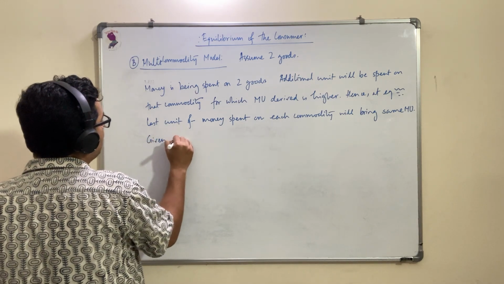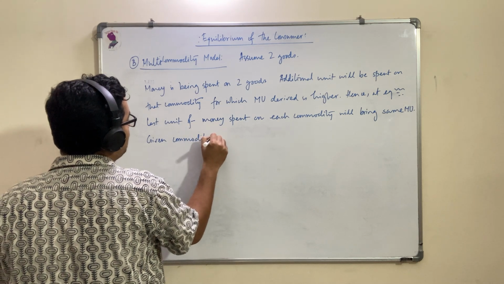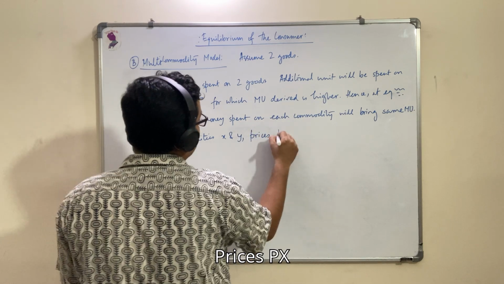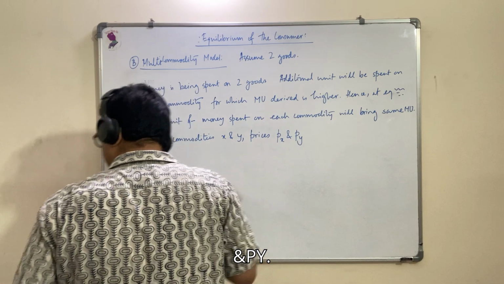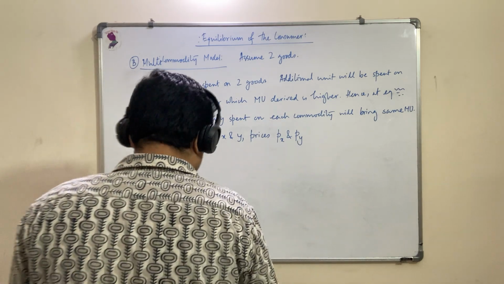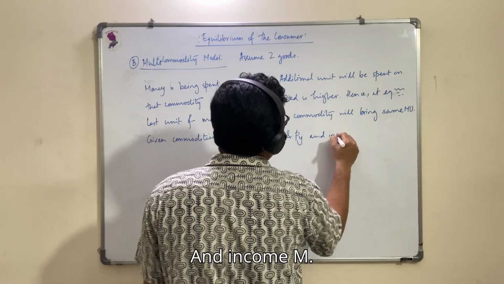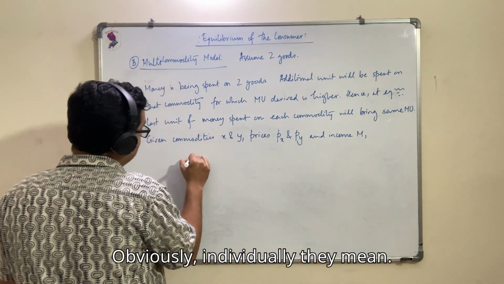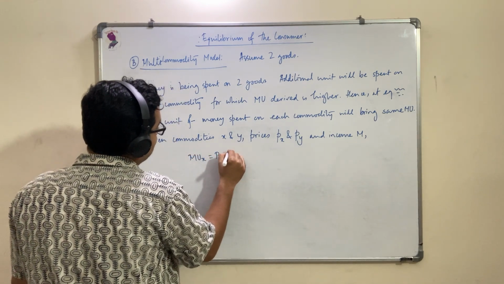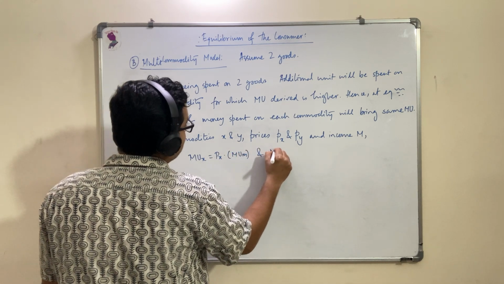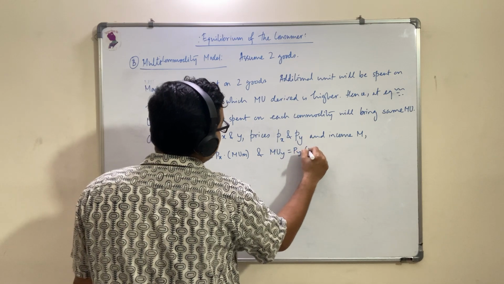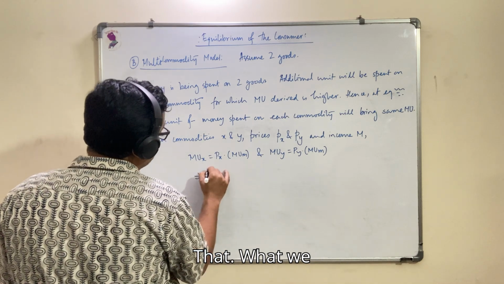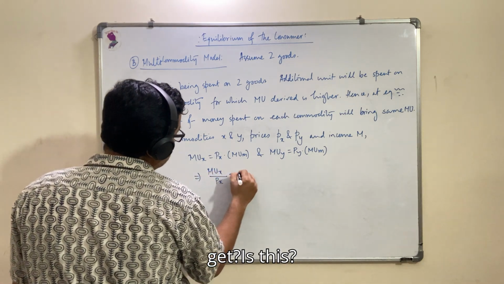So given commodities X and Y, prices PX and PY, and income M, obviously individually they mean that this is true, right? This has to be true, and from that what we get is this.